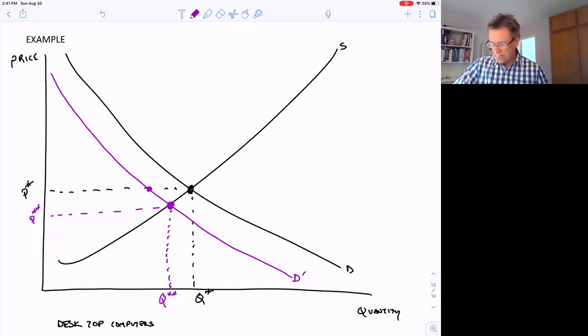No. The quantity supplied changes, but not supply. What's going to happen here is the old price P star is too high. Initially, there's going to be some surplus. There's pressure on prices to fall, and prices will fall all the way down to P star star, where once again, quantity supplied will be equal to quantity demanded.